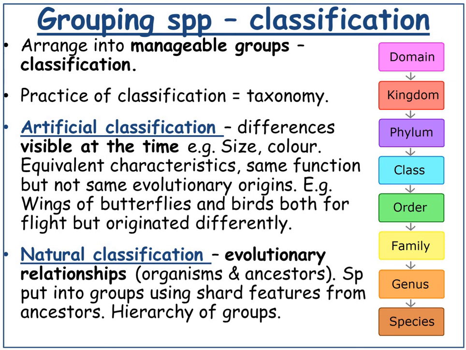And then there's natural classification, which is based on evolutionary relationships between organisms and their ancestors, and species can be put into groups using shared features from the ancestors, in a hierarchy of groups.